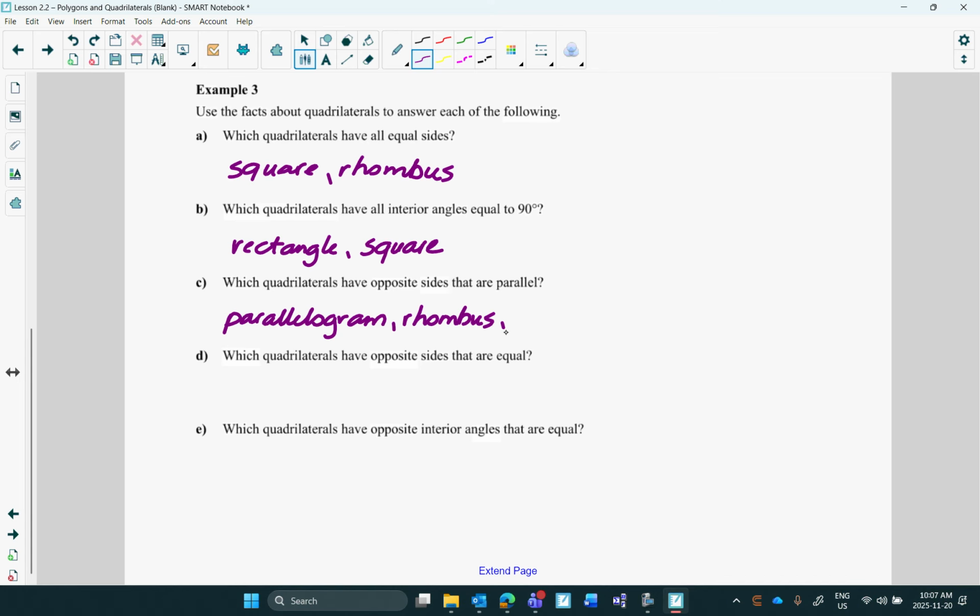Yeah. Square? Yeah. Trapezoid? Only one pair, right? Not both pairs. So we stop there.